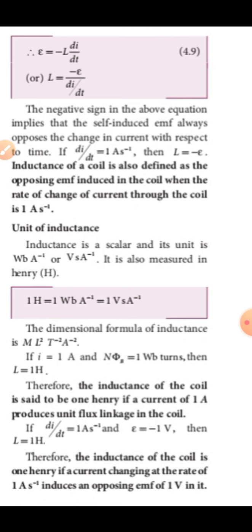Wb is Weber. It is also measured in Henry. 1 Henry is 1 Weber per ampere, equal to 1 volt second per ampere.